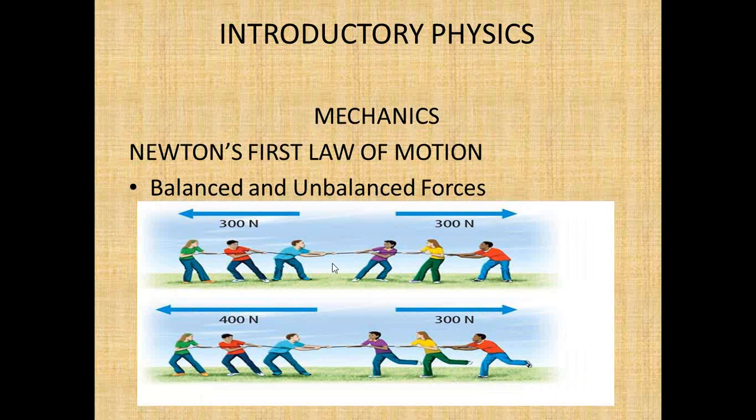Okay, similarly, if you're playing tug of war and you have 300 newtons to the right, 300 newtons to the left, you'll be stationary. There's not going to be any motion. However, if you have 300 newtons to the right, 400 newtons to the left, there's a difference of 100 newtons to the left.